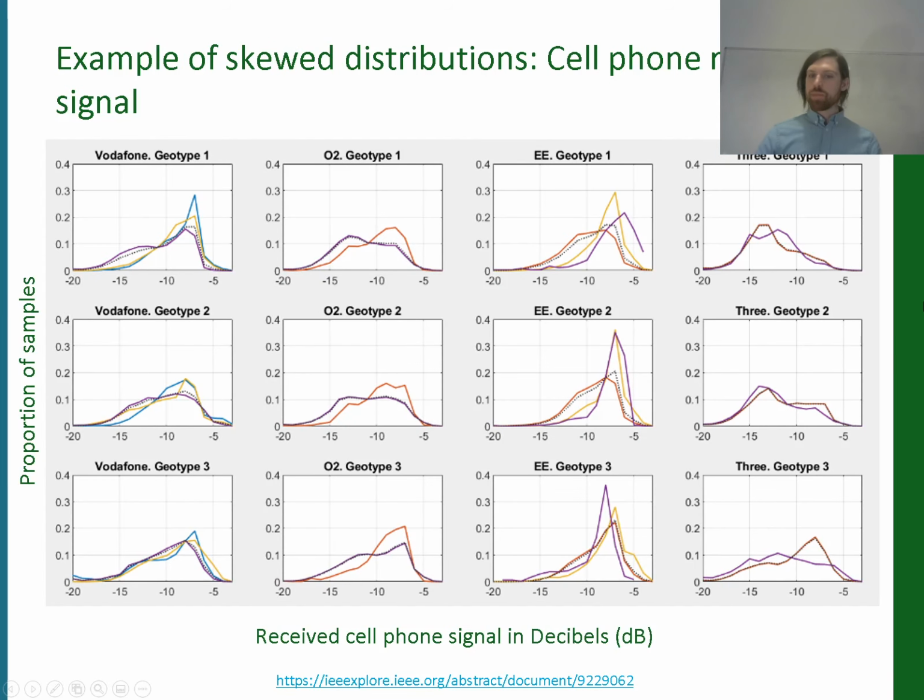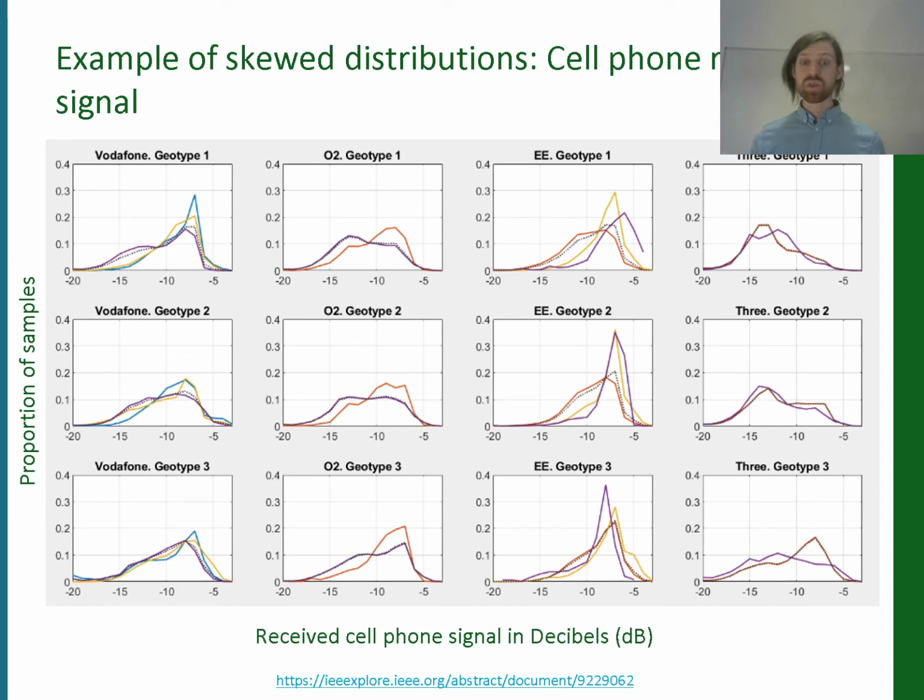And this is a paper which I did with some of my Spanish collaborators relatively recently. We were thinking about the distributions in terms of signals. This x-axis, imagine this is the number of decibels, measured on a log scale, that your cell phone is able to detect. We had a really huge data set, about 200 gigabytes.